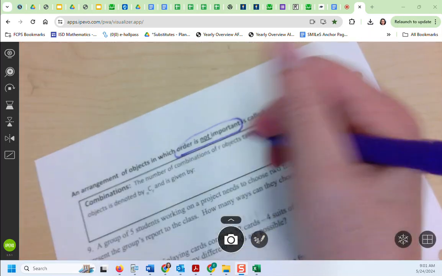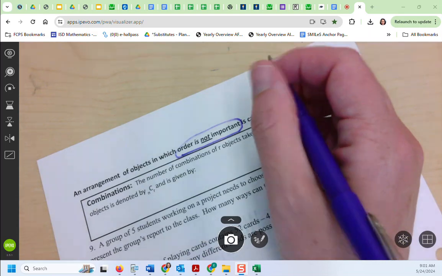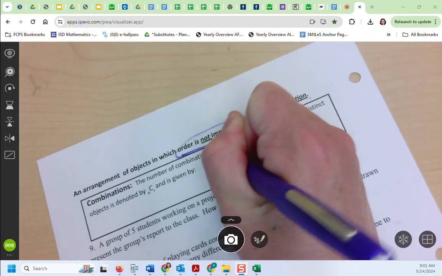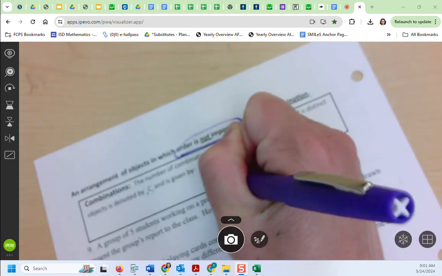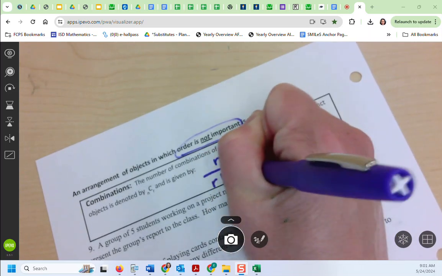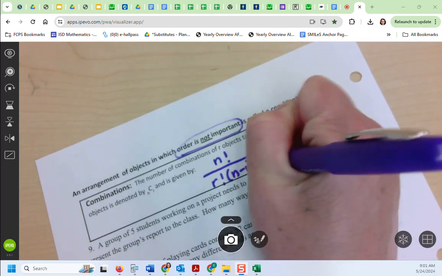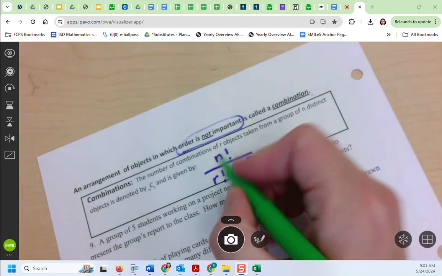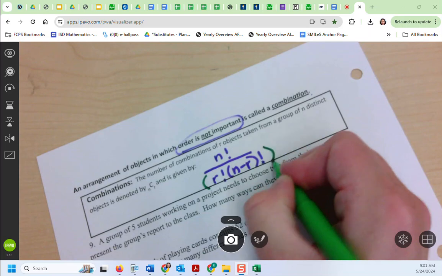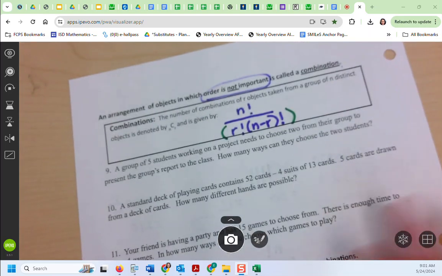The formula for finding the number of combinations is n factorial over r factorial times n minus r factorial. We are going to put an extra set of parentheses on that denominator so that if you put that in your calculator, it will all stay together. Okay? Who has a question on the formula?